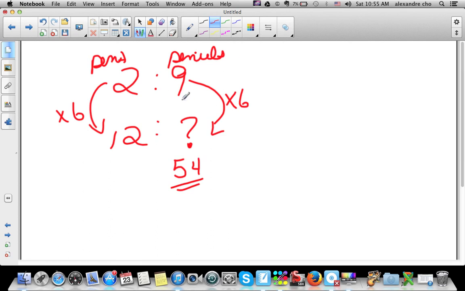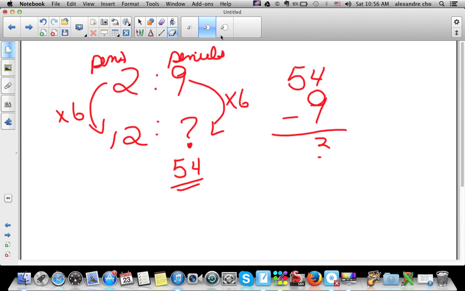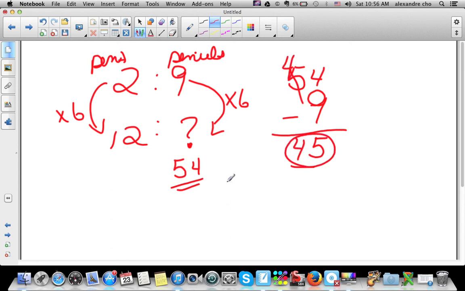Okay, if there are 12 pens, how many more pencils are there? You have 9 pencils in the beginning, and you ended with 54. So 54 minus 9 is 45. And this one was, how many more pencils are there?